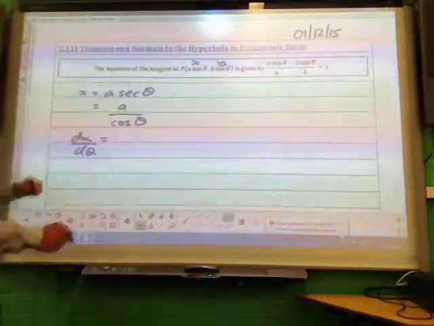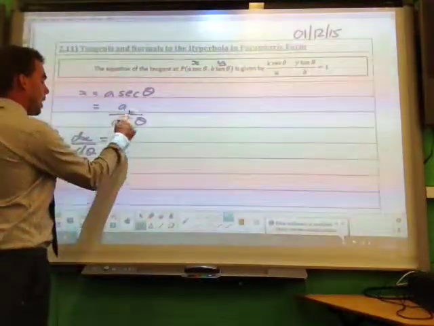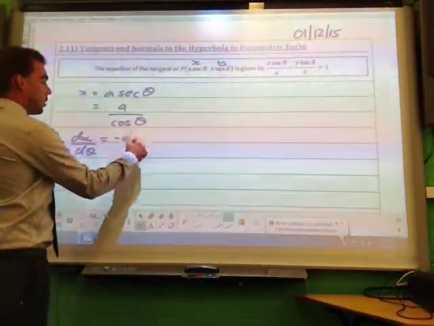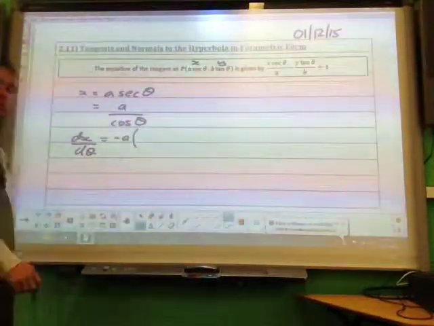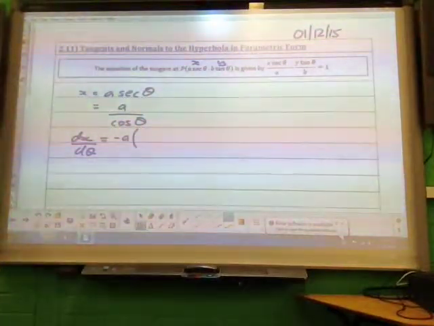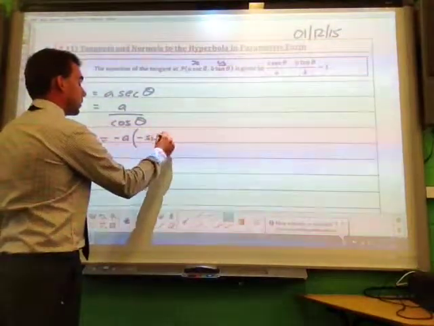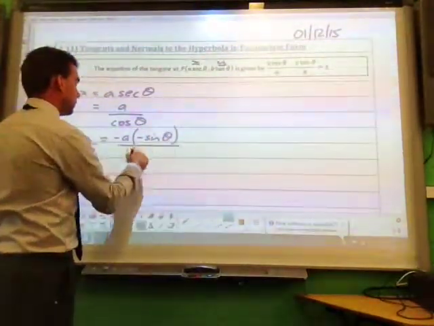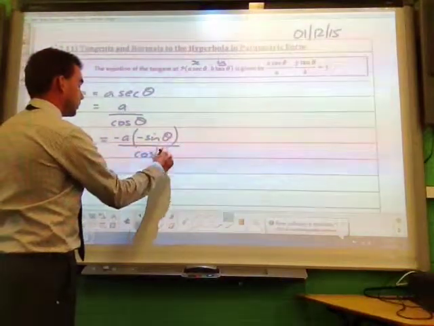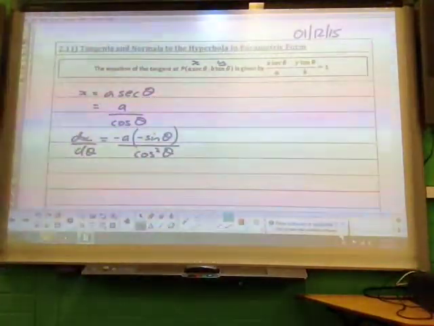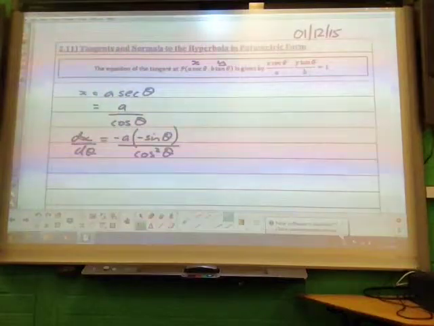Take away the first, so negative a, times the derivative of cos. We differentiate sine, we get cos, so when we differentiate cos, we're going to get negative sine. We'll have second squared.